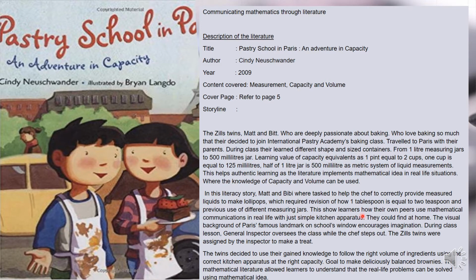This shows learners how their own peers use mathematical communication in real life with just simple kitchen apparatus.